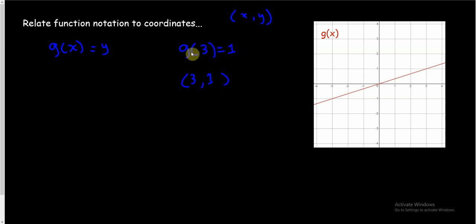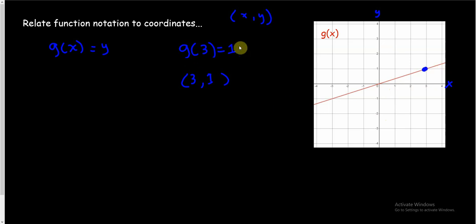Now, when you have a graph, let's say we have this graph g of x, this also means stuff on the graph. Like, oh, look, I have this point. Remember, these are the x coordinates, and this is the y-axis where the up and down movement is your y-coordinate. And so if I go 3 in the x and 1 in the y, this point is on the line, on this function.